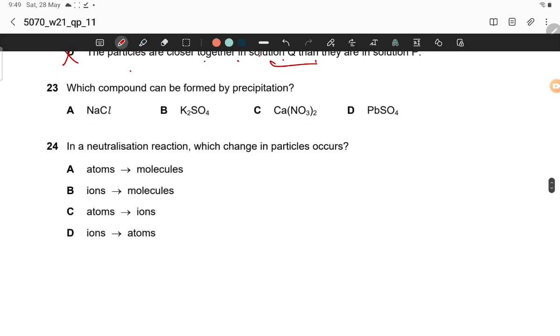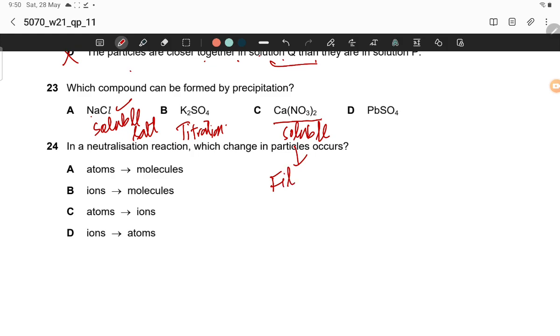23. Which compounds can be formed by precipitation? Sodium chloride is a soluble salt, so it is prepared through titration. Group 1 salts are prepared through titration. This can also be formed through titration because it is a soluble salt of group 1. Calcium nitrate is also a soluble salt, and the method is filtration and crystallization.